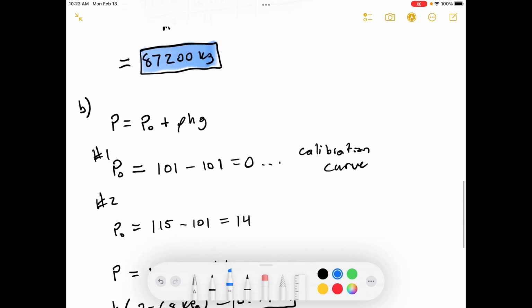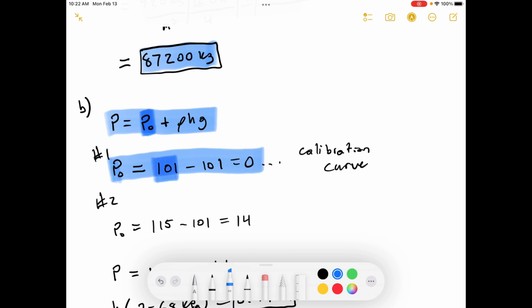Okay, so they're saying, okay, we have this relationship. We assumed that in the first case that P naught was equal to 0, that our head pressure of air above the tank was exactly equal to the atmosphere because it was open to the atmosphere when we did our calibration. However, since then we've closed off the tank, and now the tank has a certain gas headspace above, and that gas headspace is pressurized above atmosphere.